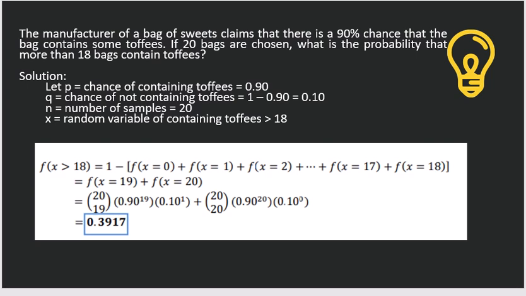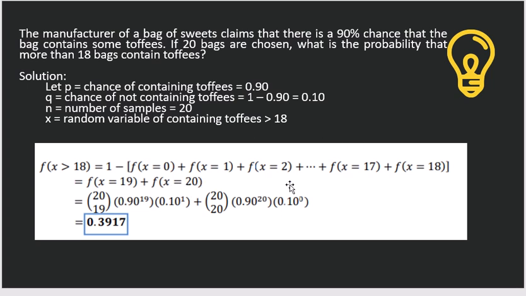So we have the given formula. If we follow the formula, we have the summation of each term one by one. For example, you start from f of 0, f of 1, 2, 3, 4, until you reach 18 and so on. So f of x is equal to 19 plus 20.